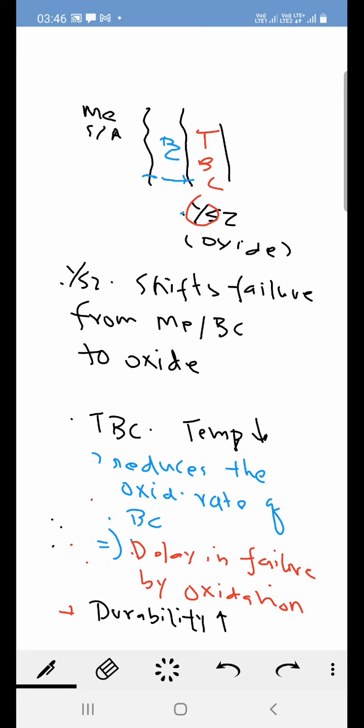Now there is no single coating composition which will satisfy all the requirements. There are some multifunctional requirements for protection. So no single component coating meets all the requirements.